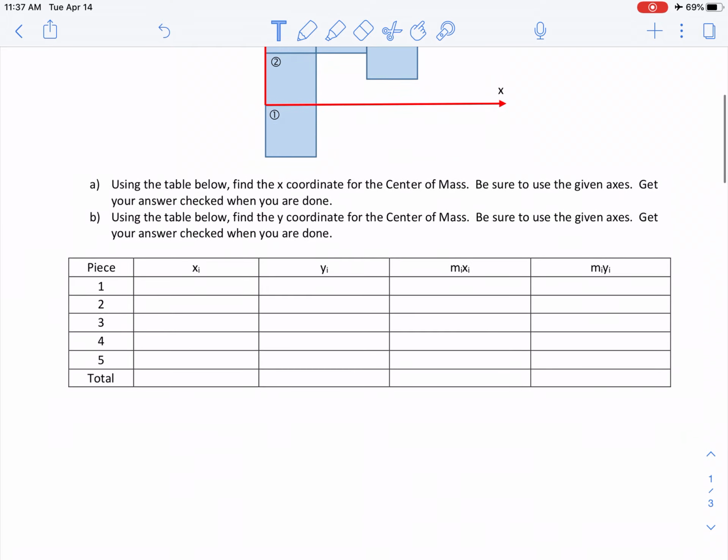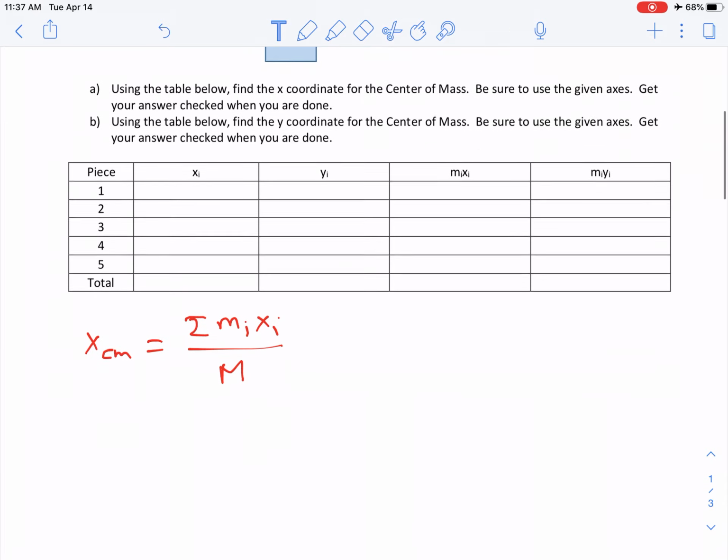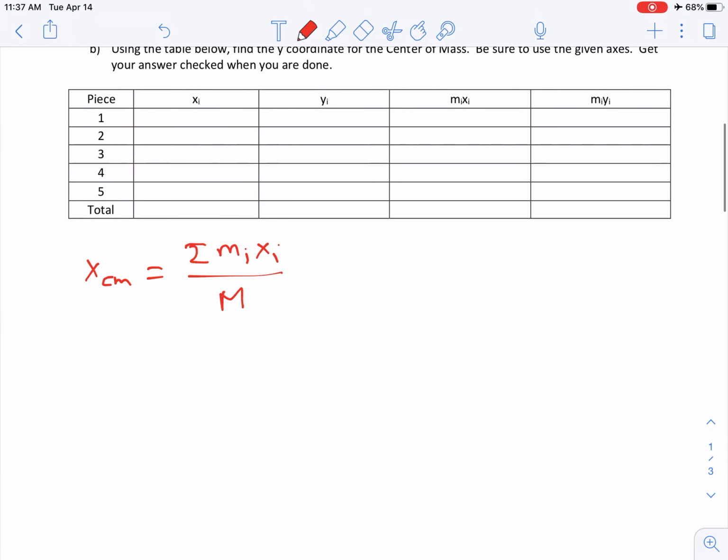First of all, before filling out the table, I want to write down what my equation is. X center of mass is the sum of m_i x_i divided by the total mass. In the same way we can write the y center of mass coordinate as the sum of m_i y_i divided by the total mass.